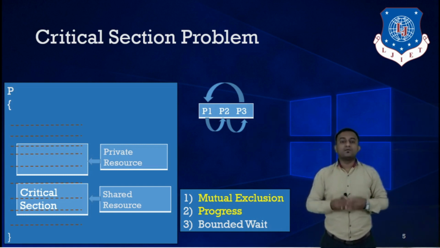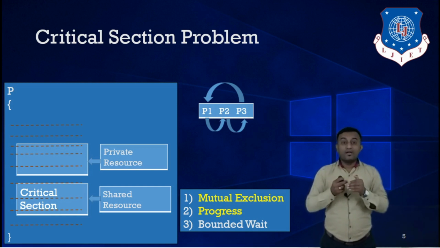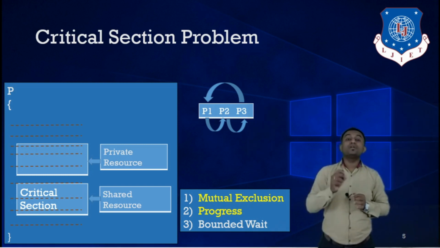Now the last one, bounded wait. What does bounded wait mean? Suppose any particular process wants to enter into the critical section to access the shared resources, but for a very long period of time that process is not able to enter into the critical section.